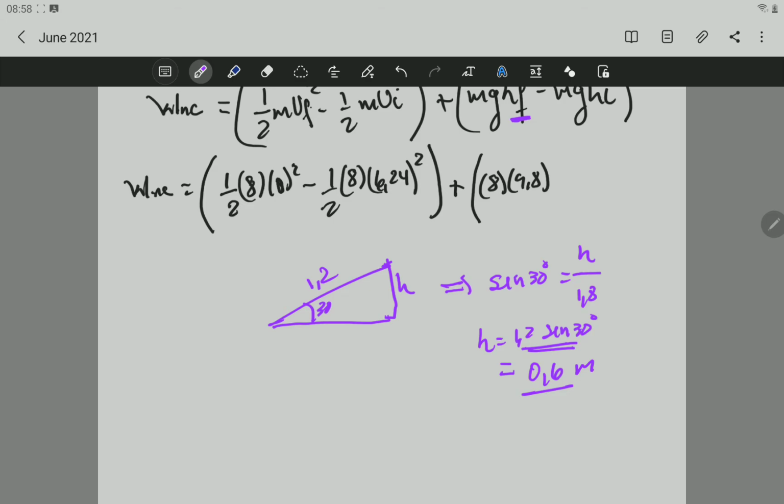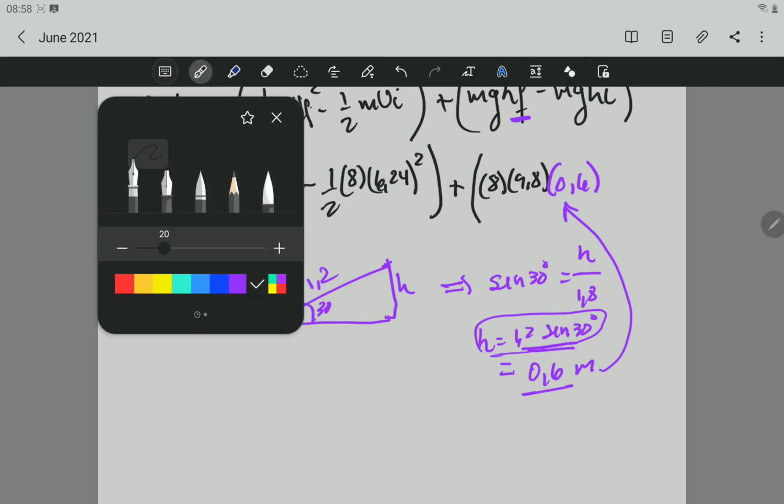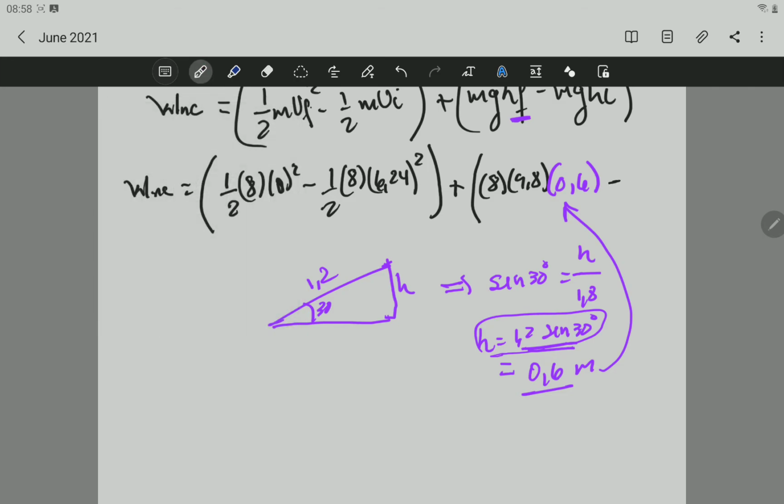Let's write the meter here so you can see it. This height is going to be substituted in there. You can either write 0.6 or write the complete expression as it is here, 1.2 multiplied by sine of 30, and it will give you the same answer. Now, minus 8 multiplied by 9.8 multiplied by the initial height, and the initial height is 0.